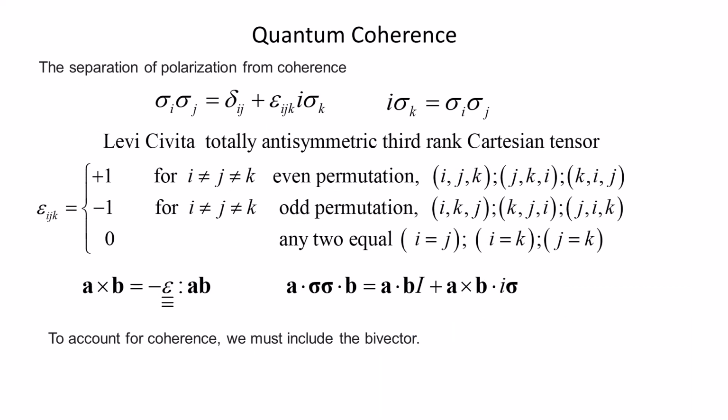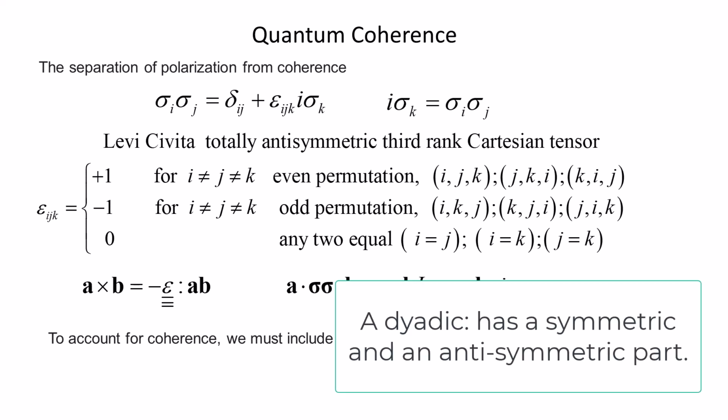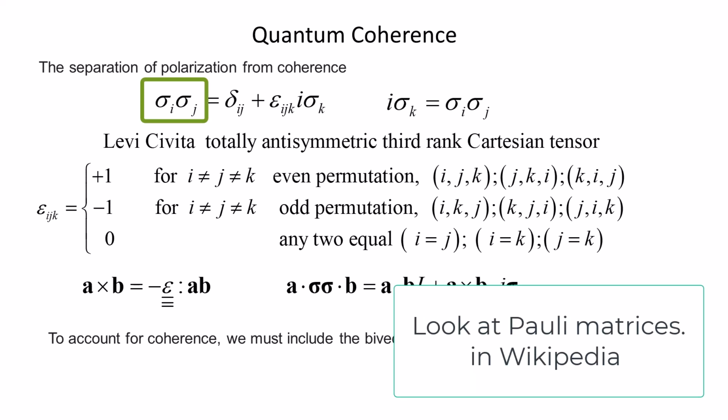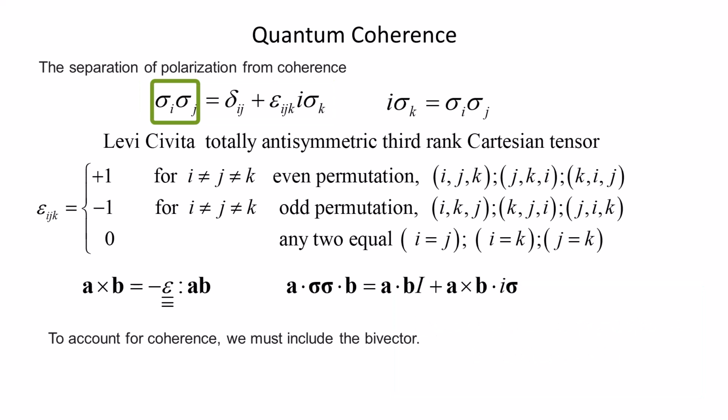In calculating the EPR correlation of minus cosine and the product state, cosine-cosine, we always encounter a dyadic for both Alice and Bob. This is expressed using geometric algebra in the form here, which you can find in Wikipedia under Pauli matrices. It says that the components of a dyadic, i and j, can be expressed as a sum of two different terms.